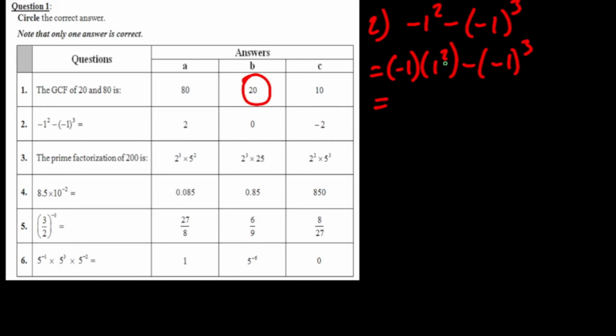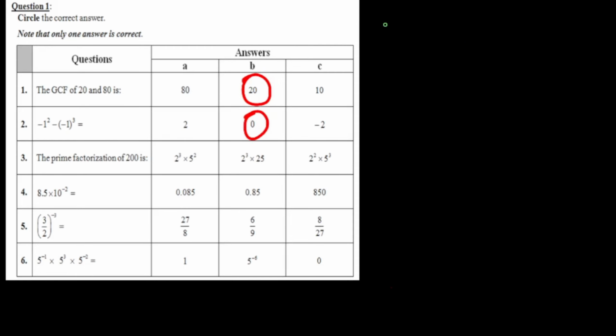So the 1 squared stays 1. 1 times negative 1 is still negative 1, minus 1 to the power of 3. 3 is an odd number, therefore it stays negative, so it stays negative 1. Then negative 1, minus and minus become a positive plus 1, giving us 0. So the answer for 2 is B as well.